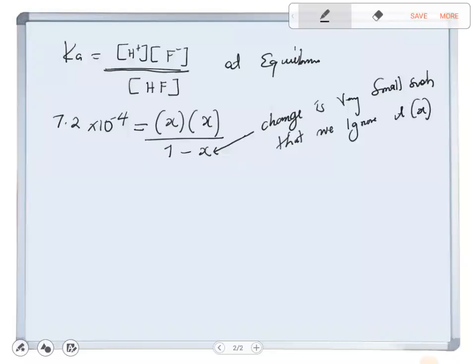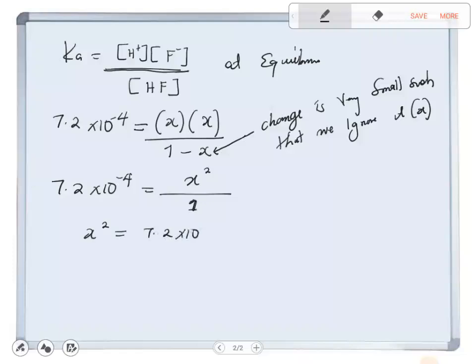If you want, you can go on, and the answer you get, even when you ignore it, won't be that much different. So we have x times x, which is x squared, over, like I said, we ignore the x, just put 1 there. If you expand and go to the quadratic formula, you are still going to get the same answer. The difference will maybe be 0.000 something. That's why we just ignore it. It's negligible.